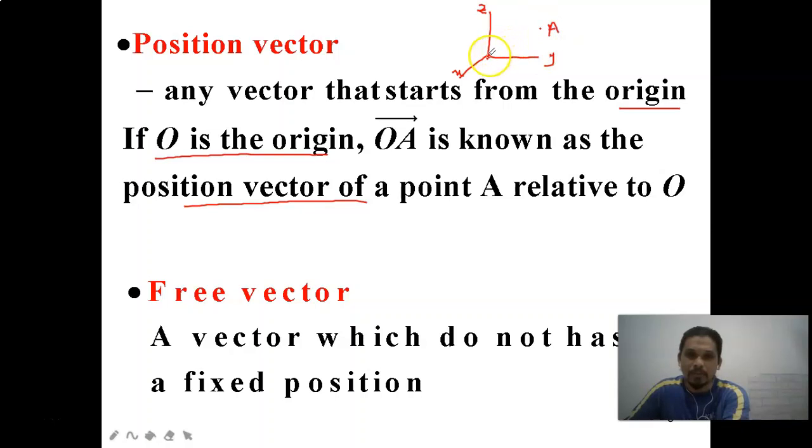So from 0, 0, 0 to the point A, OA is the position vector. A free vector is one which does not have a fixed position.